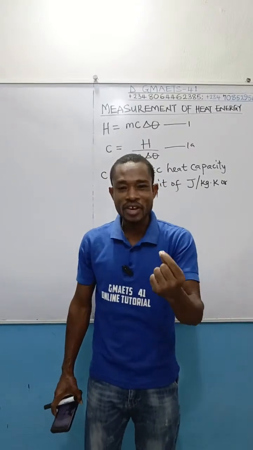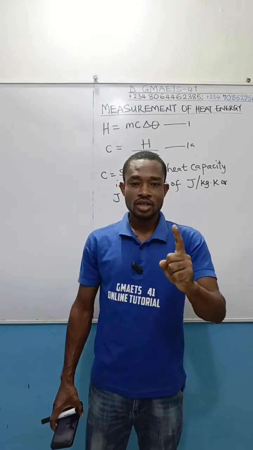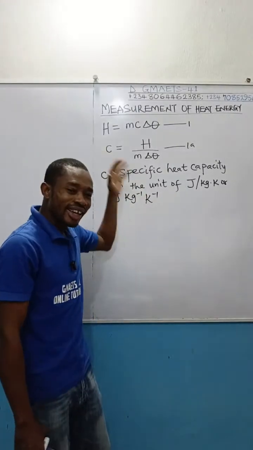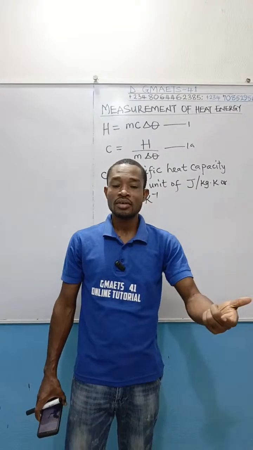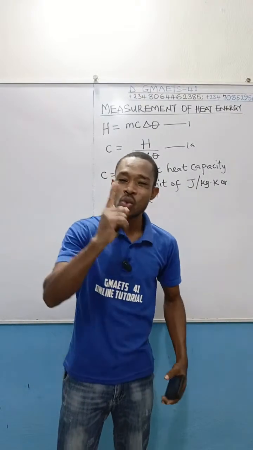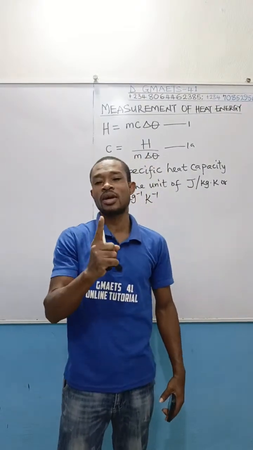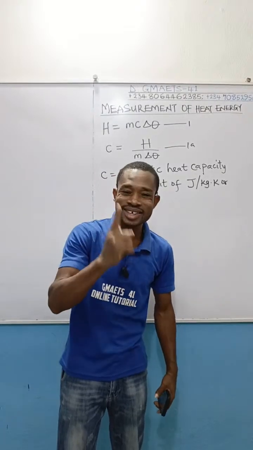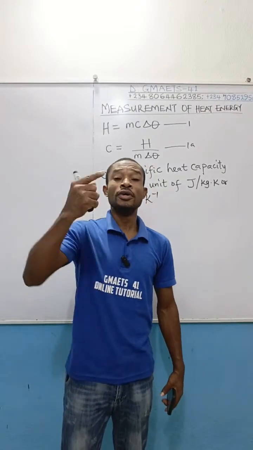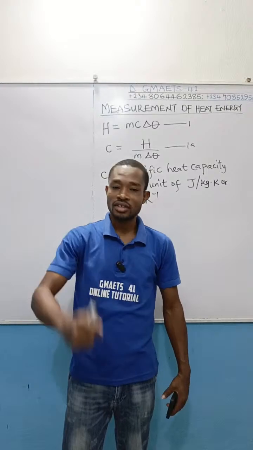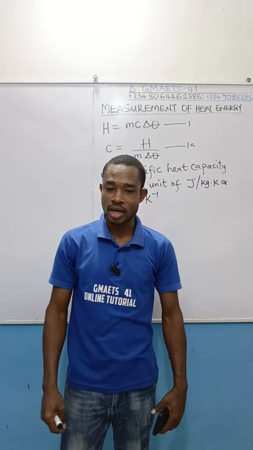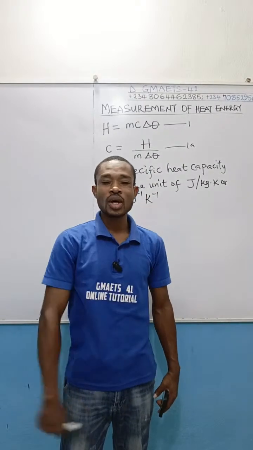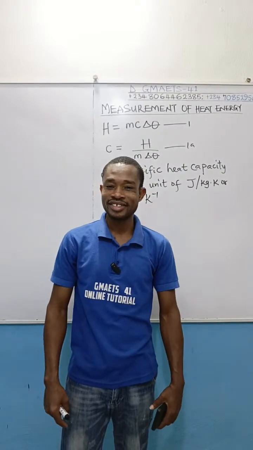And that specific mass is 1 kilogram. So going by definition, specific heat capacity is defined as the quantity of heat required to raise 1 kilogram of a substance through 1 Kelvin. Please take note of that. That's through 1 degree rise in temperature. That is what equation 1a is defining.